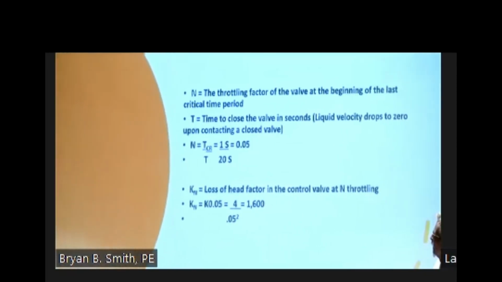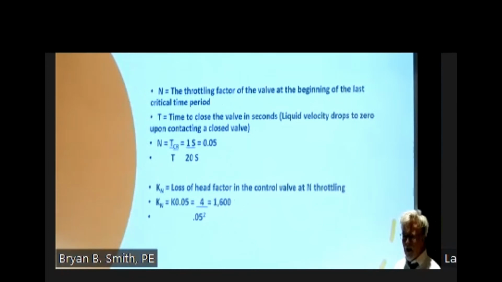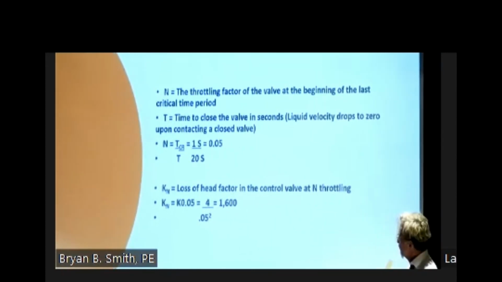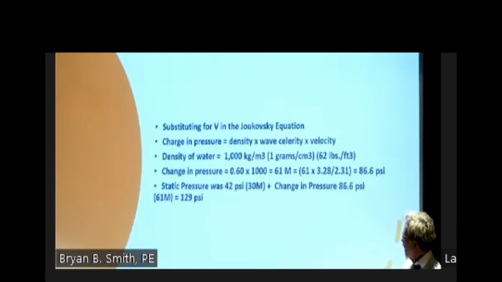So here we are. Valve closes, the wave speed out and back is 1 second. I'm going to take 20 seconds to close my valve. My K factor is 1600. I'm substituting the change in velocity into Joukowski's equation.